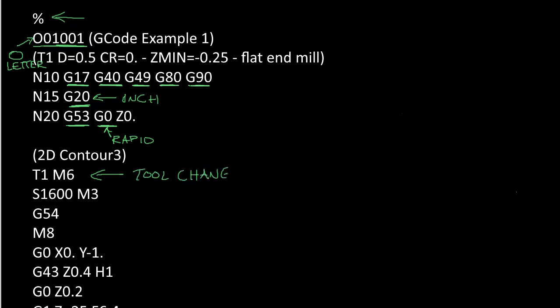And I'm going to change to tool 1. All right, and then it says after I've changed to tool 1, it's going to go at 1600 RPM, which was the parameter in the problem. And so this is my spindle speed in RPM right there, and then it's going to say in the clockwise rotation. So M03 is the clockwise rotation of the cutter, and it's going to rotate at 1600 RPM.